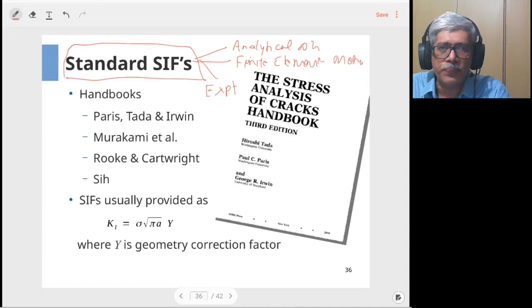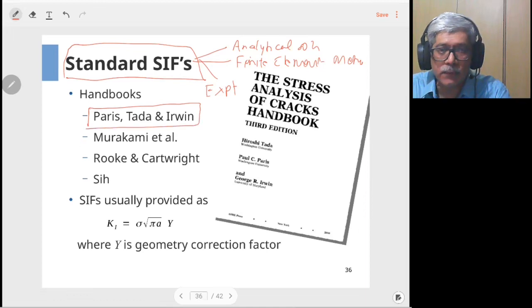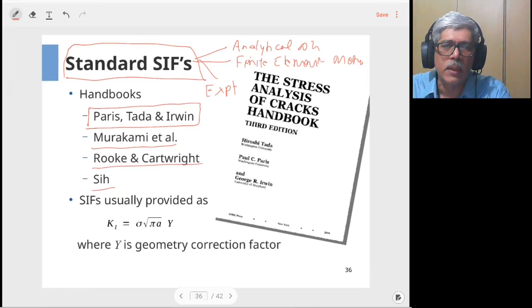Since this topic, fracture mechanics, is a well established field as of now, for a lot of standard cases the stress intensity factors are directly available in the form of data books. Some of the handbooks which give stress intensity factors which design engineers need: one popular one is Paris, Tada and Irwin; second one by Murakami; third one by Rooke and Cartwright; and fourth one by C. So these are the different handbooks which give you, under different fracture modes, under different types of loads and different types of cracks, the values of stress intensity factors.